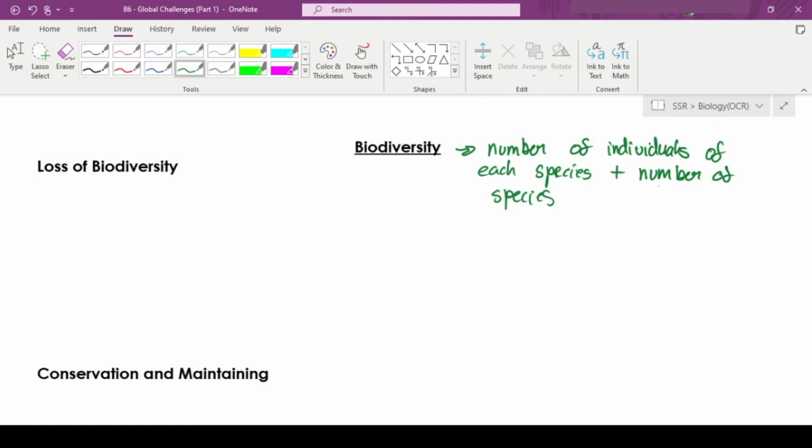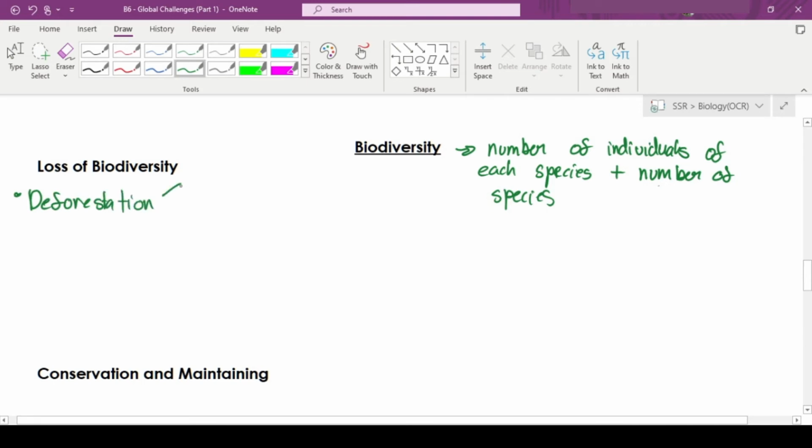Unfortunately, we now have a lot of things that are removing biodiversity or that are causing biodiversity to go down in our world. One of these things is deforestation.